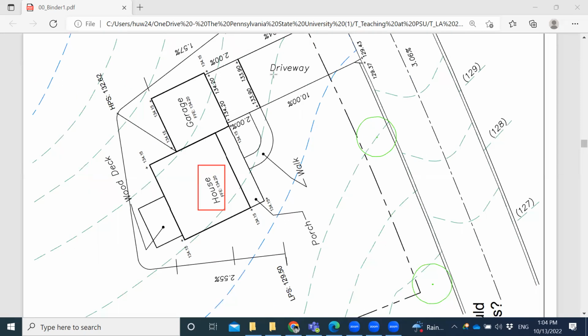The reason being, if they are the same, because this line is the same as the garage FFE, the whole line here would be at the same elevation as your house, and you don't have enough positive drainage or elevation difference to prevent water from entering the house. So raising your house to be 0.5 above would be much more helpful here. Make those two changes, and you're ready to move forward with drafting your contours. Okay?